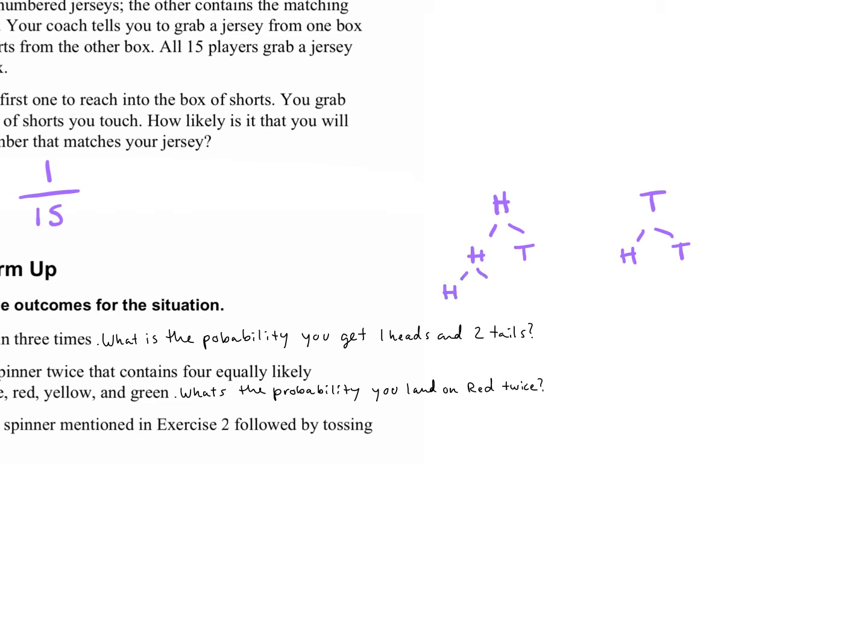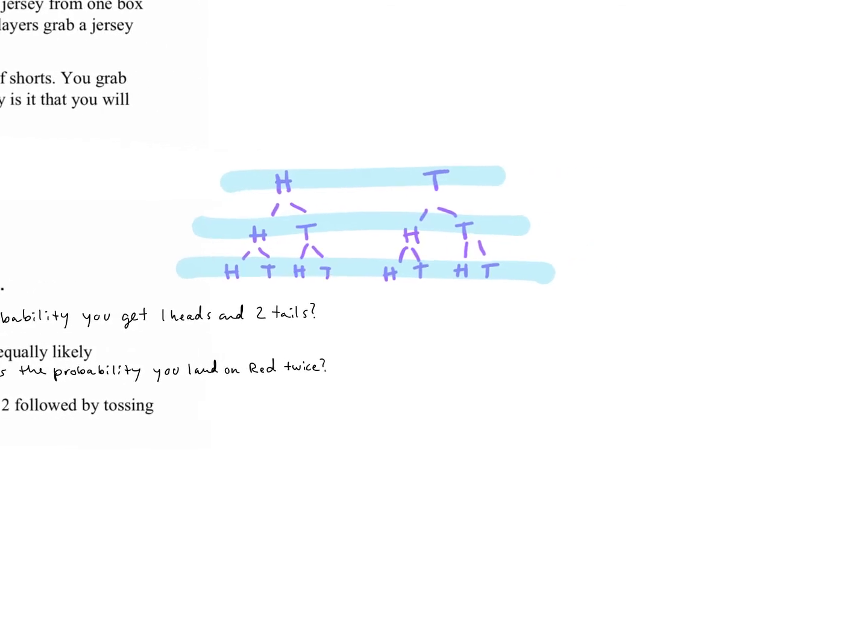Third toss, we could get heads or tails, heads or tails, heads or tails, heads or tails. So each row here is like 1 toss of the coin. So this would be 1 toss. This is another toss. This is another toss. So these are all of our possible outcomes when we flip the coin 3 times.